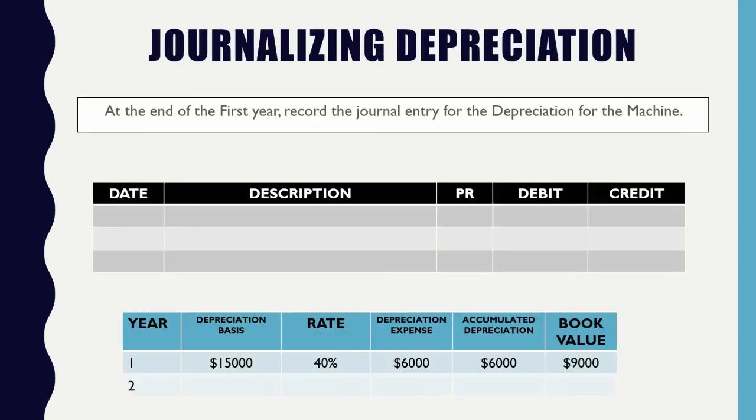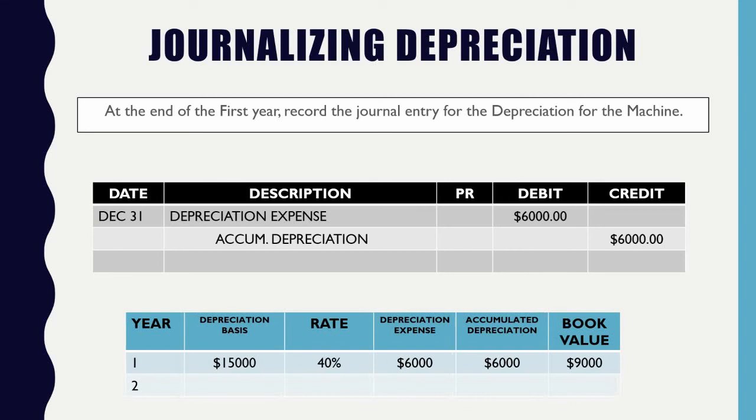Okay. So once again, how am I going to journalize this? The journal entry is going to be exactly the same. The only difference is because I'm using the double declining method, the value in my debit and my credit is going to be different. Depreciation expense and accumulated depreciation is going to be the same.